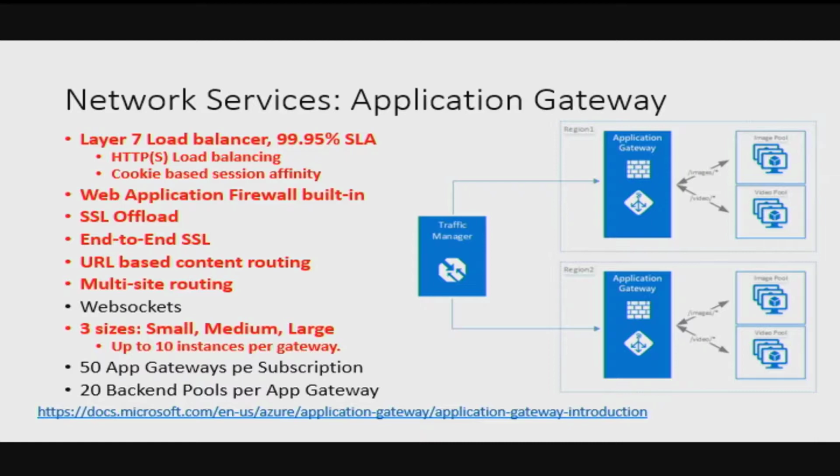You can decide what you need, and then you could have up to 10 instances of the gateway each. So you have 5 small instances, 2 medium instances, 1 large instance. You're going to have to do some load tests to see exactly what you need here.